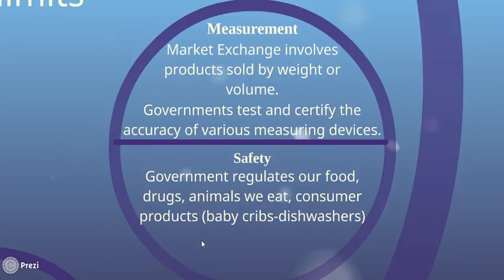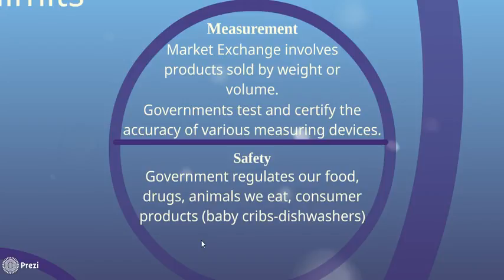For example, the U.S. Bureau of Weights and Measures is responsible for the annual inspection and testing of all commercial measuring devices used to buy, sell, and ship products. When you get gas, you're buying a certain volume of gas, and you want to make sure that you're getting what you pay for. So people actually come out and test the gas pumps to make sure that they're pumping the right volume of gasoline.